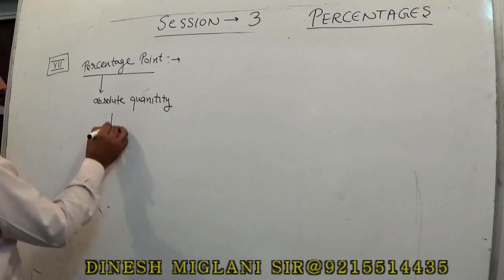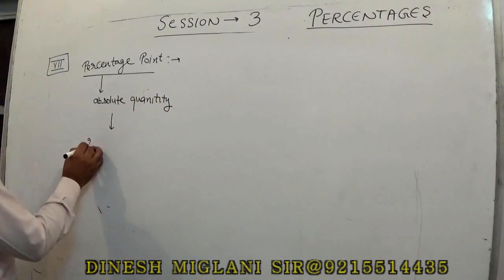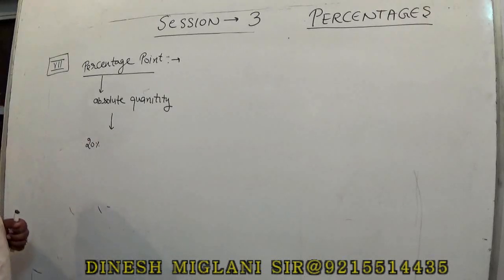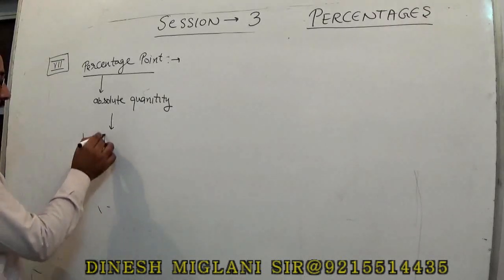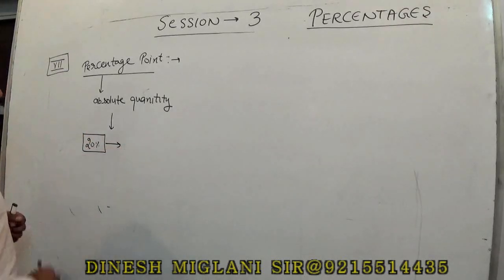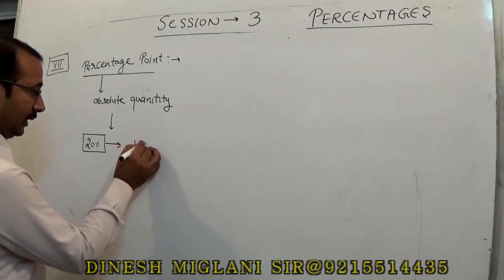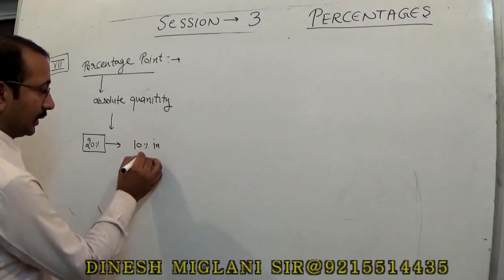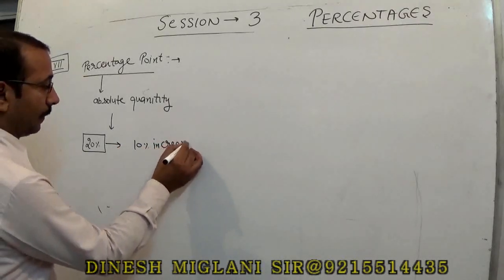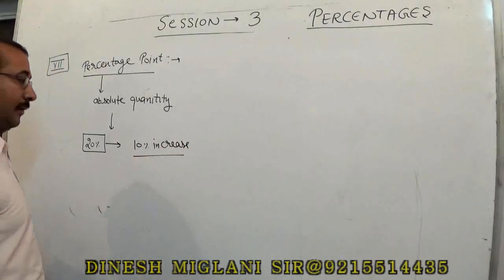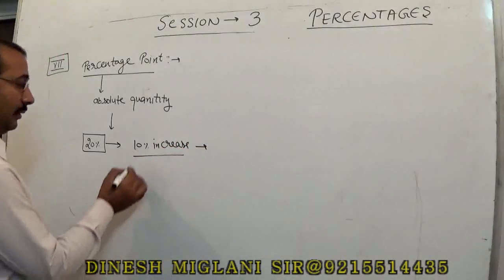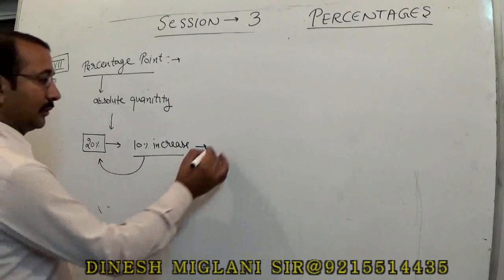Have a look at this. Suppose one quantity is 20%. We have to make an increase of 10% in it. First I will find 10% of 20%, which will be 2%.